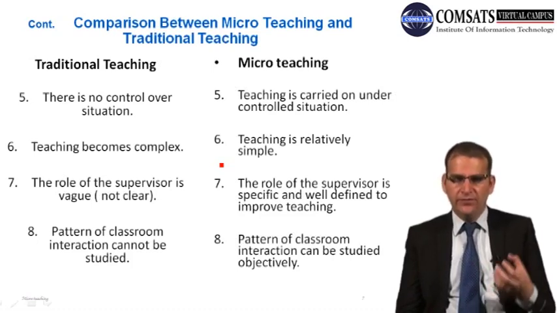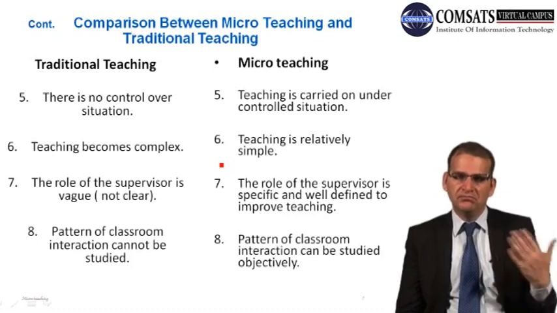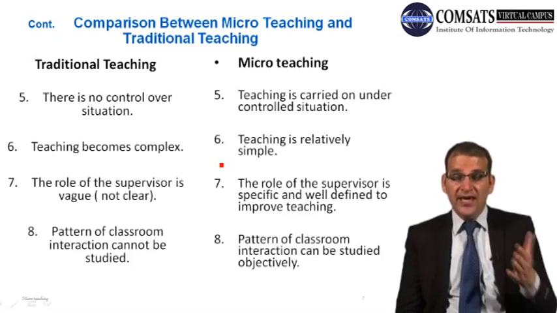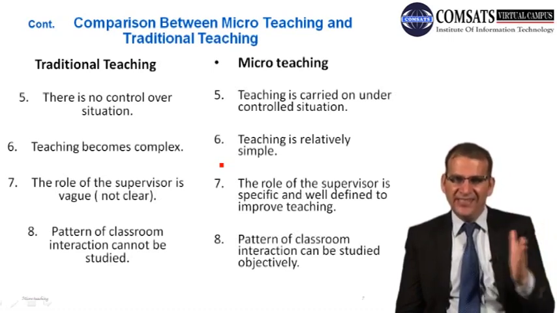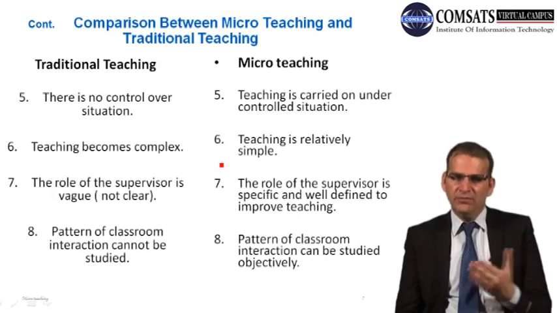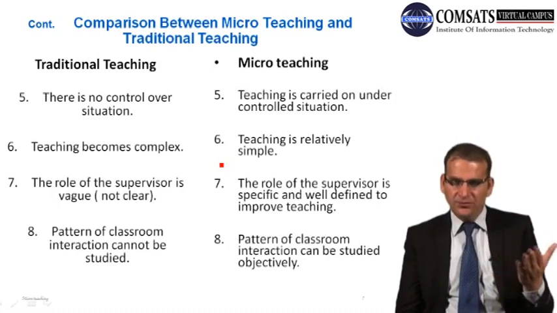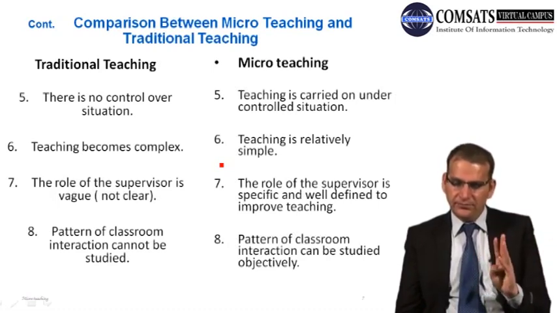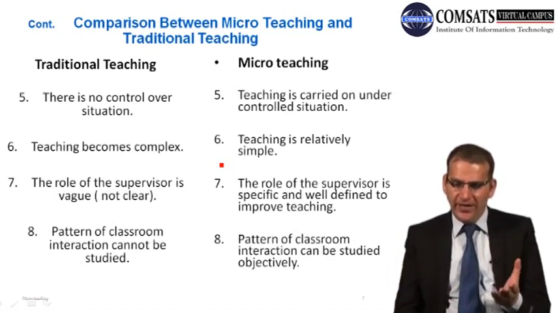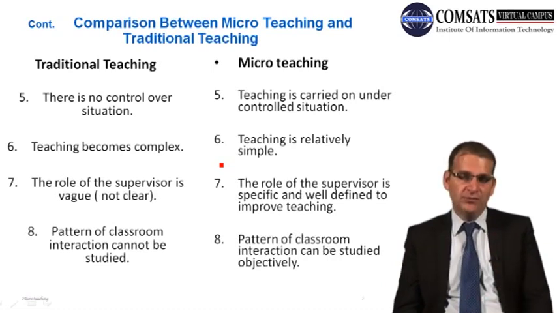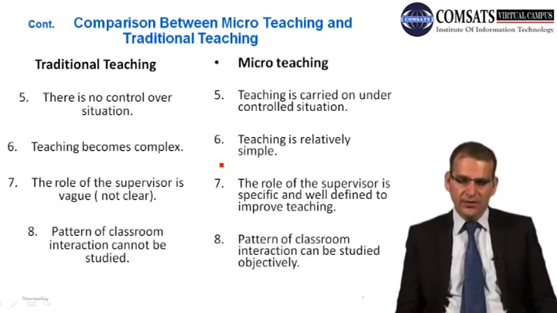However, in the private sector, if the majority has a problem, they might raise a finger. Even so, it is very rare that the management changes the teacher. In the public sector, it is next to impossible. Clear? So the role of a supervisor is vague in traditional teaching, and specific and well defined in micro teaching to improve teaching, because there is somebody who evaluates you, right?